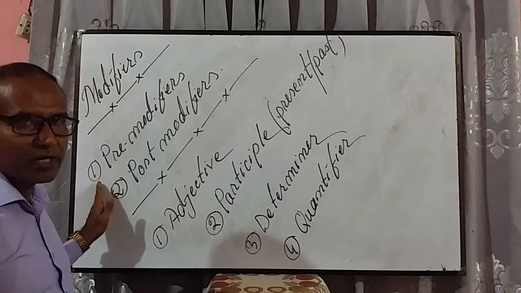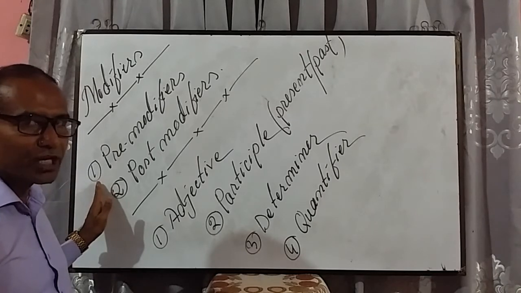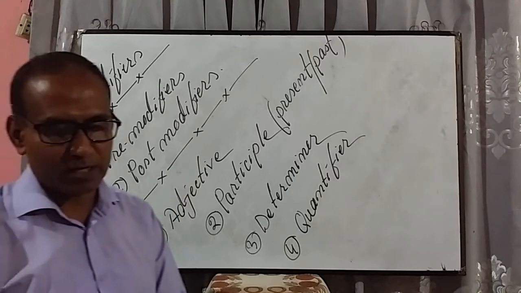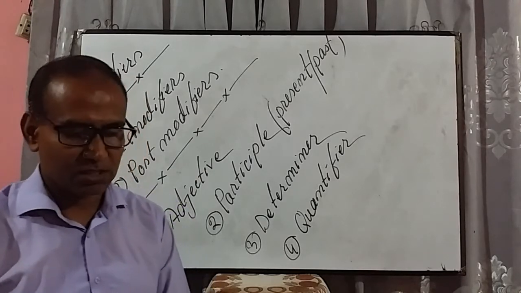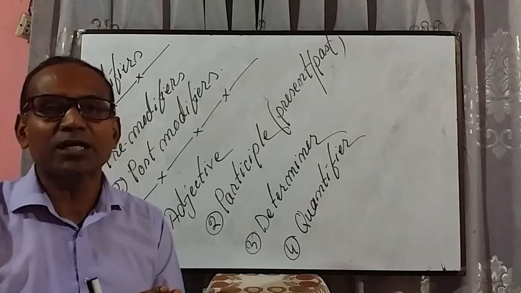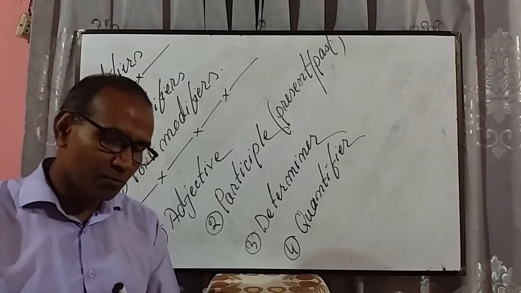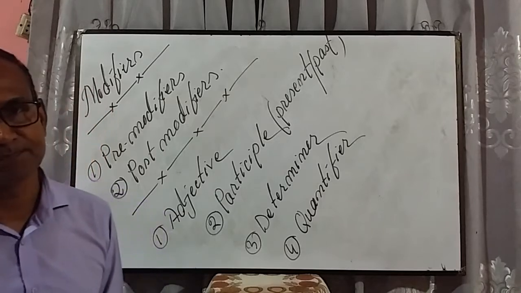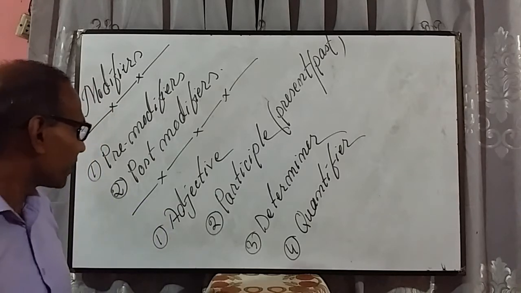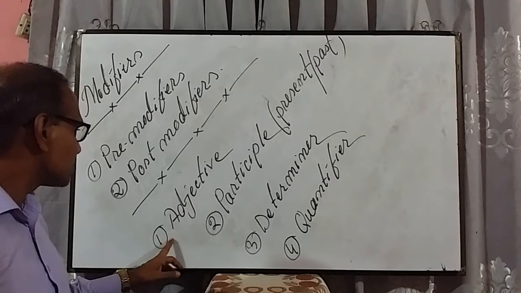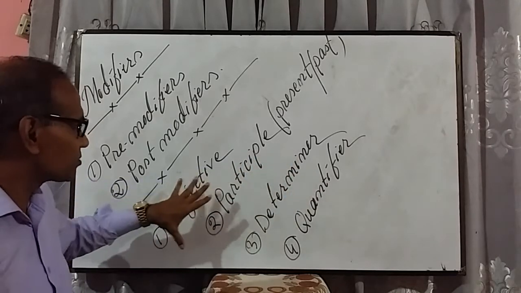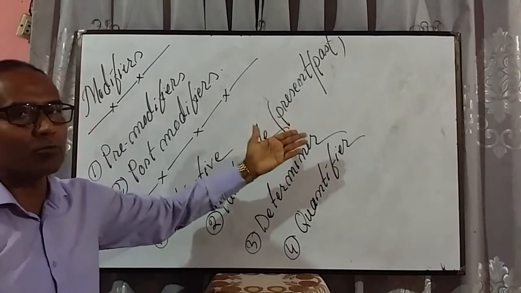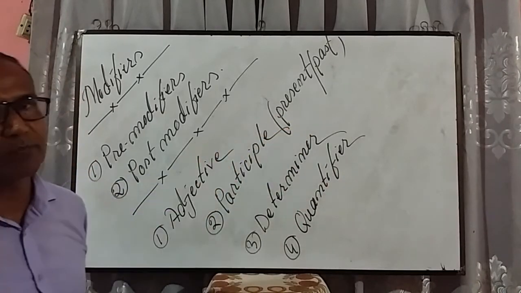Pre-modifier means one kind of modifier which precedes a noun, pronoun, adjective or verb. That means it sits before the noun, before the pronoun, before the verb or before the adjective. When we find this kind of adjective or modifier before any noun, pronoun, adjective or verb, it is called a pre-modifier.